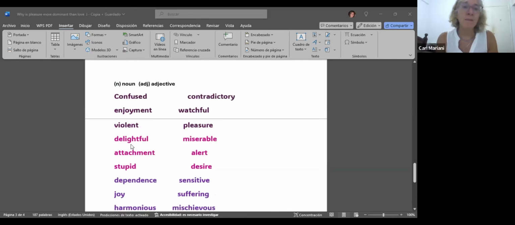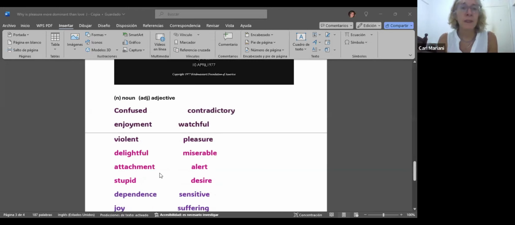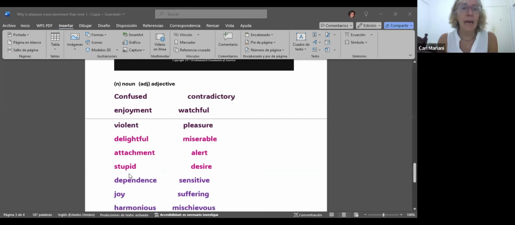So we can see which of them are related to love or connected to love, and which of them are not. For instance, you are going to tell me, and you tell me if the word is a noun or an adjective. It is not necessary to go in order. You can choose whatever and say it.